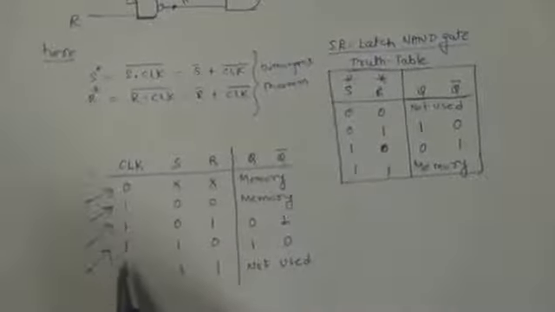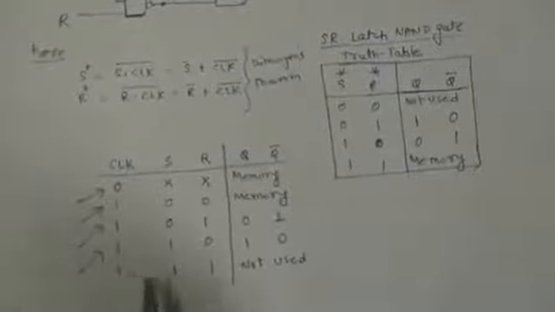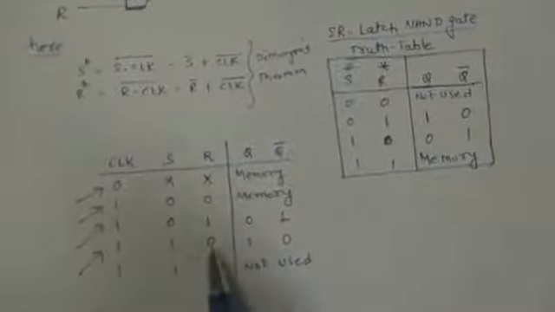Now let us take this step in which having the same clock being applied, now make S is equal to 1 and R is equal to 0. We are going to get S is equal to 1, R is equal to 0.